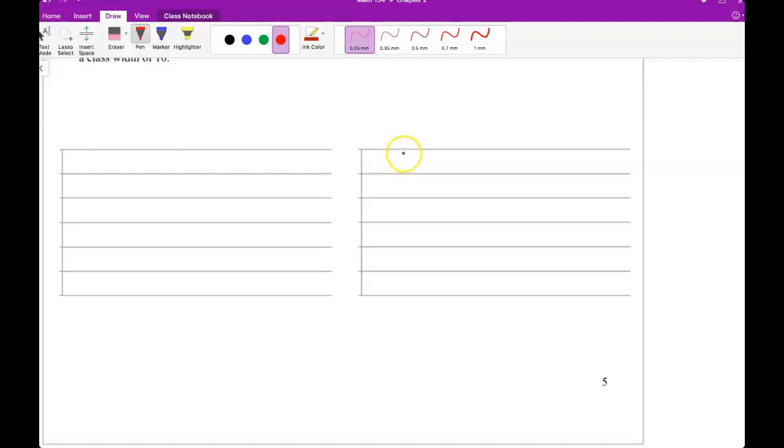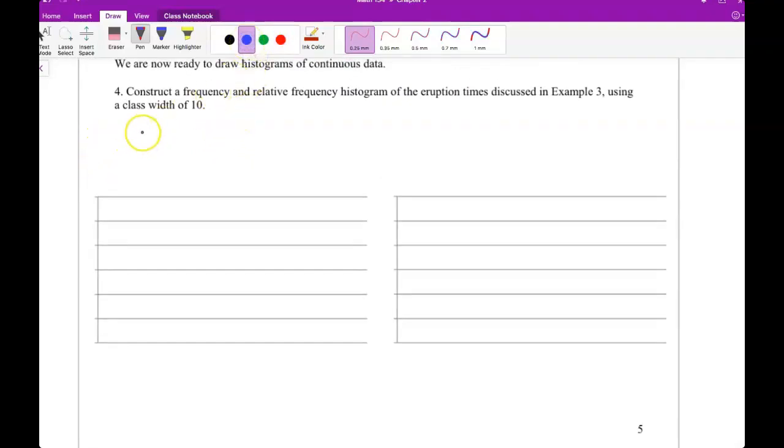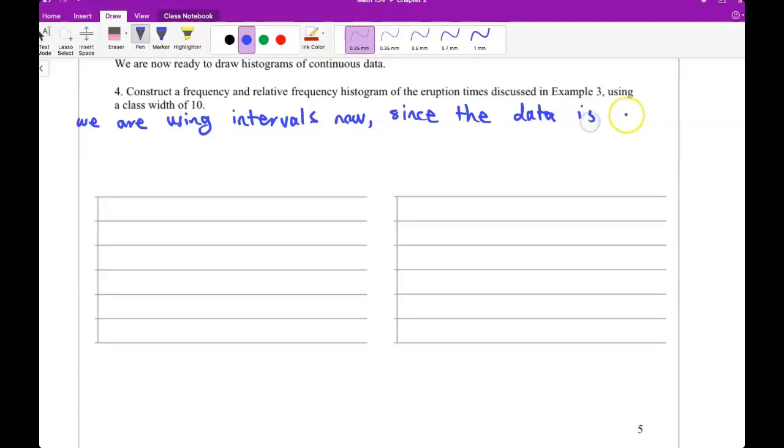Here on this part, we use intervals because our data are continuous, and not discrete.